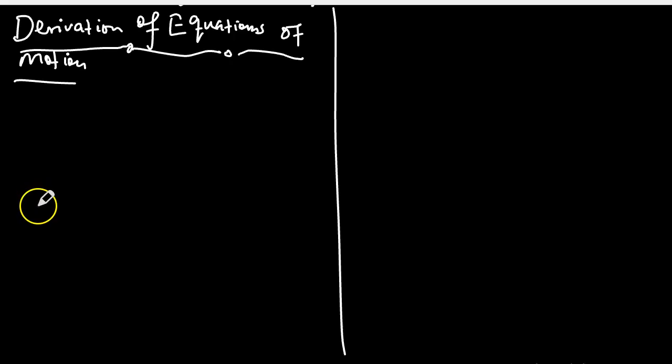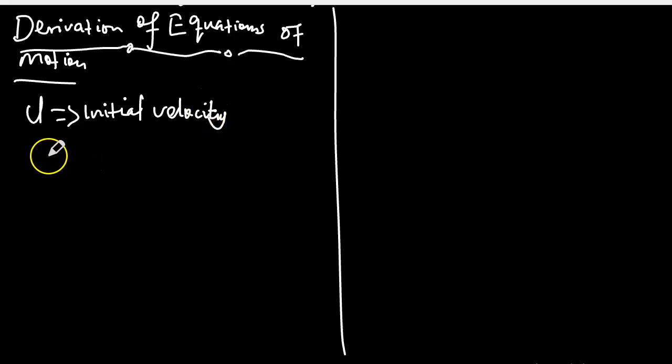Okay, so the initial velocity in this case will be given as u. So this u represents the initial velocity. Then we have the final velocity. In this case, it will be given as v to represent final velocity.